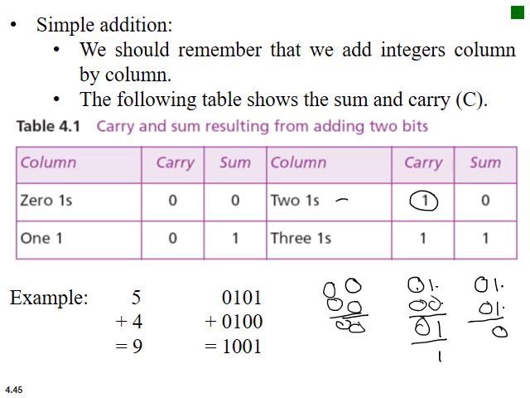In other words, the value is 0 and carry 1. So if we carry the 1 over, then we have 1 plus 0, which gives us 1. And that's basically in binary. If you have binary 1 plus 1, then we know in binary the answer is 1, 0.